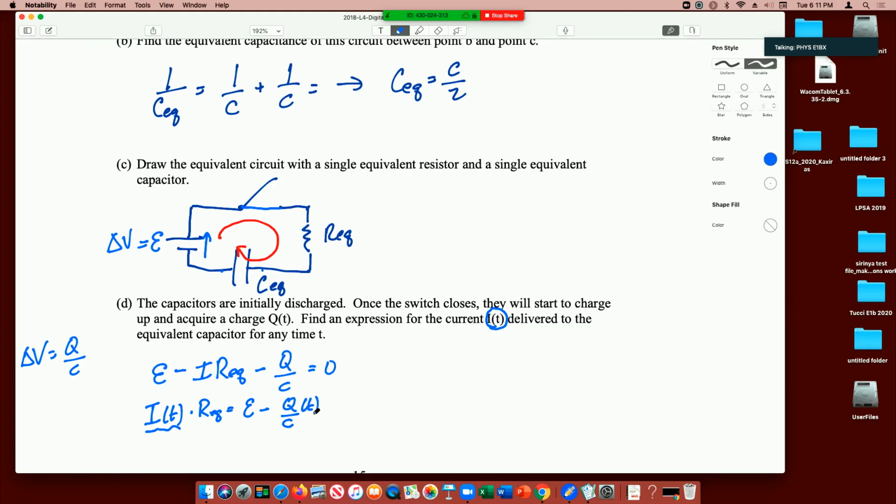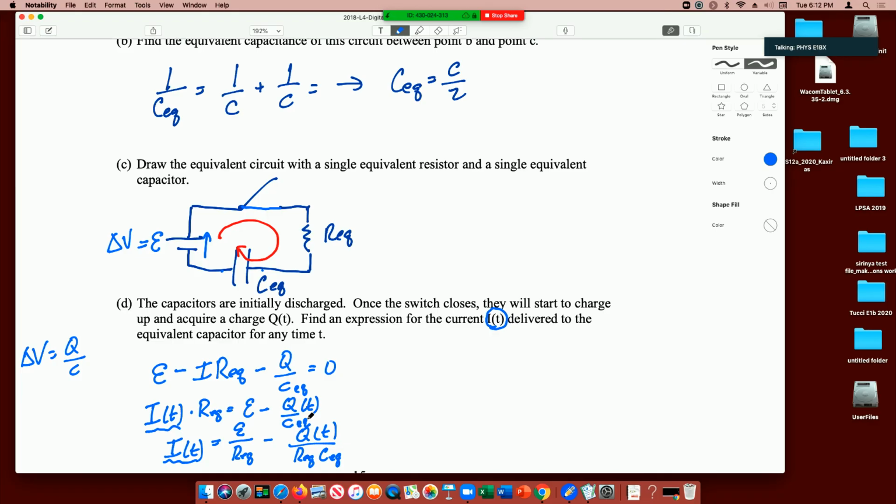The next step is I can divide both of these terms by R. Remember, my ultimate goal is to get current as a function of time. So I'm going to say E divided by R equivalent minus Q as a function of t divided by R equivalent times C equivalent. I should write C equivalent, just to be consistent. Everyone with me so far?